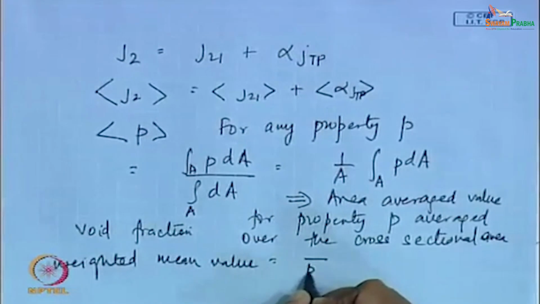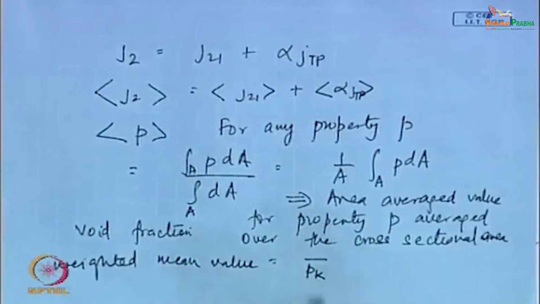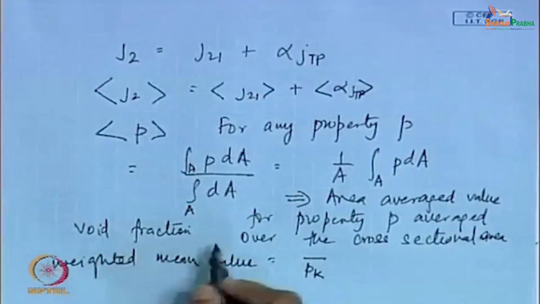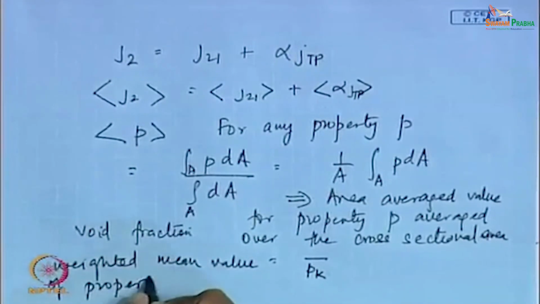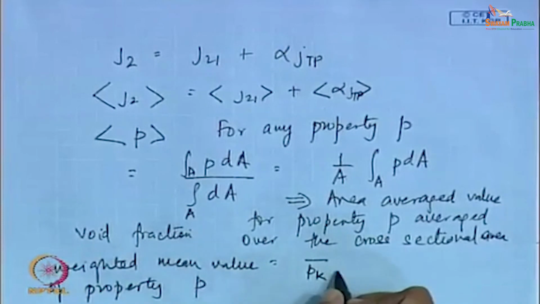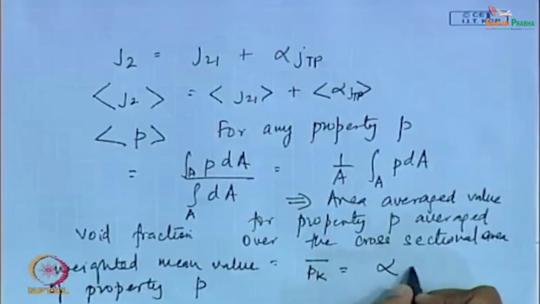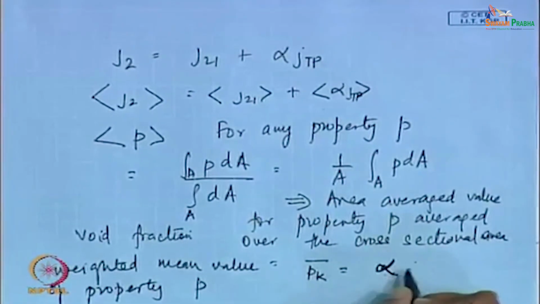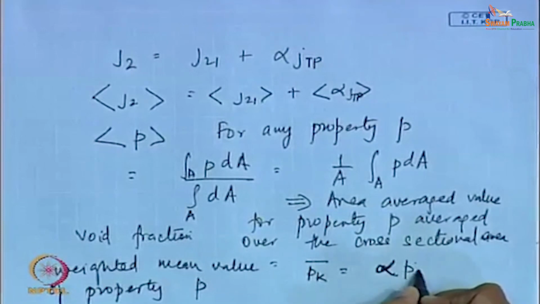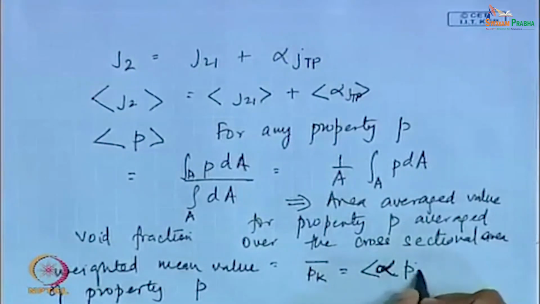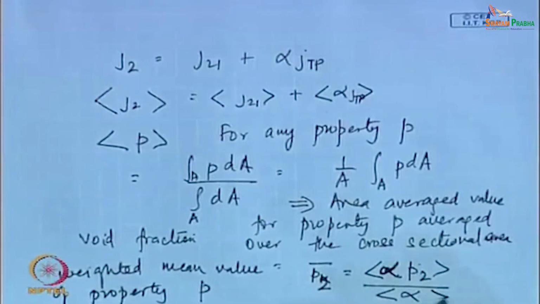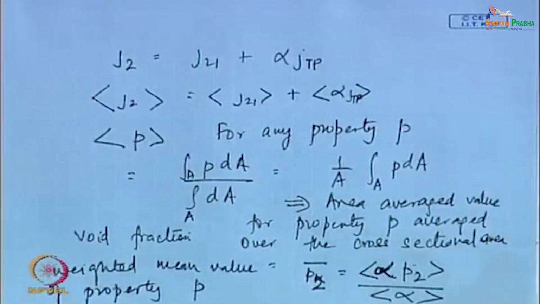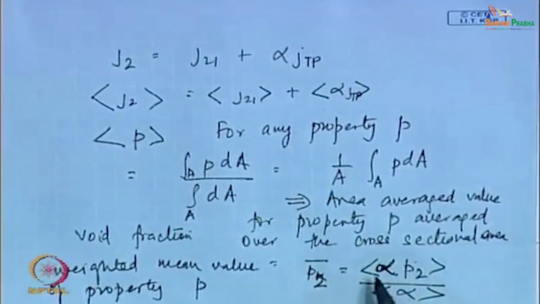For any particular property of phase k, the void fraction weighted mean value of property P is P k bar. If it is P2, then it is alpha P2 by alpha. If it is P1, then it is 1 minus alpha P1 by 1 minus alpha.